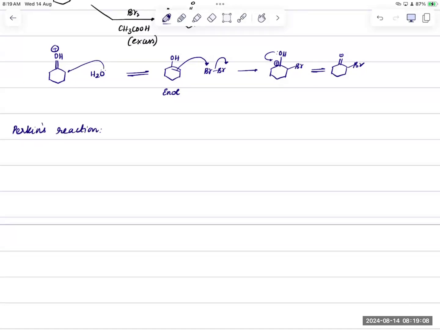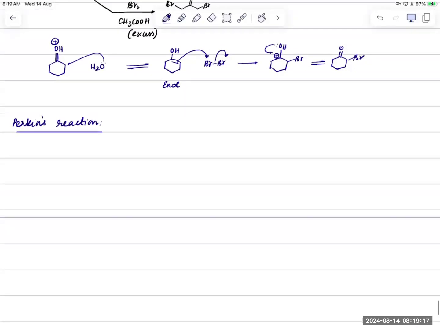So one important application in terms of aldol, on similar lines to aldol, is the Perkin reaction. Perkin reaction is usually observed whenever there is a benzaldehyde. So if we take benzaldehyde and treat it with anhydride, CH3, C double bond O, O, C double bond O, CH3, you will take the same base, that is CH3COO minus Na plus, and heat it.